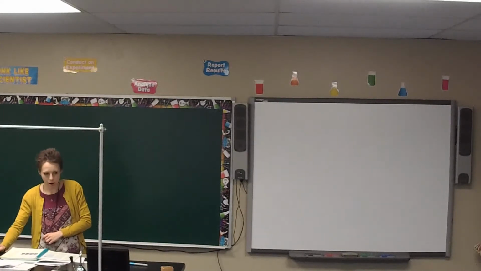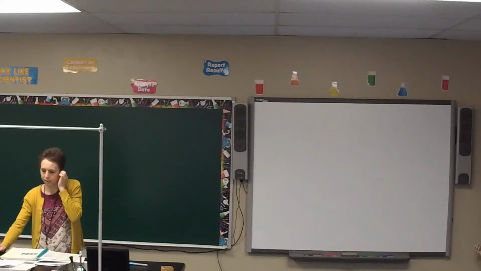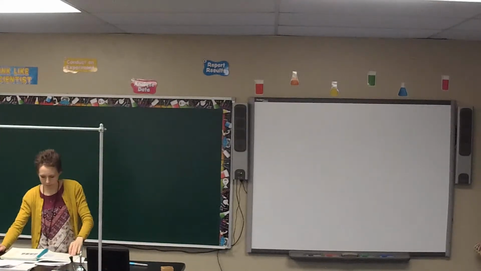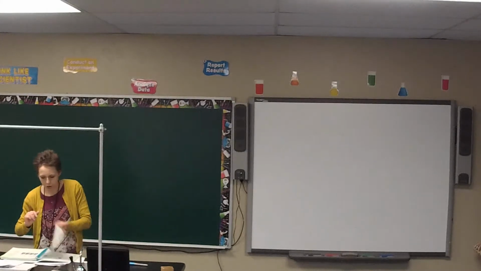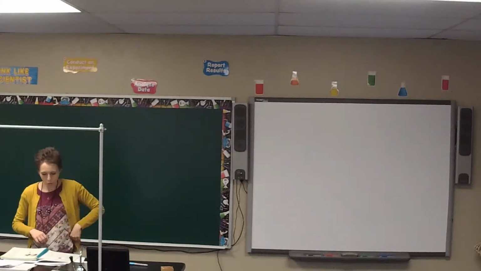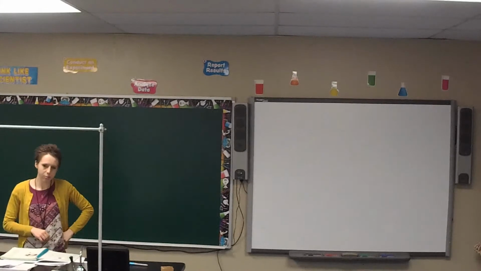Alright, what do you call a group in which the independent variable is absent? This is the one that you're using for comparison. That's the control group. Alright, what is a sensible explanation for your experiment?